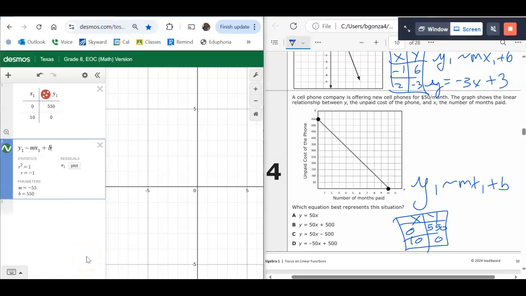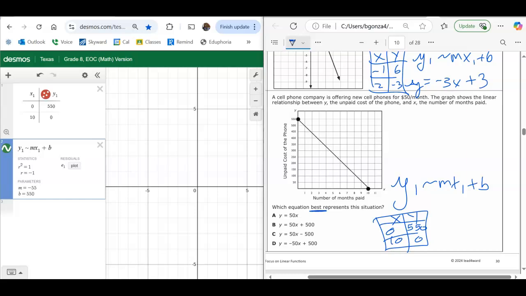Notice these numbers do not match perfectly the answer choices. You're going to pick the best answer, okay? So my equation is y equals negative 55x plus 550. The closest thing to that is going to be letter D, okay?